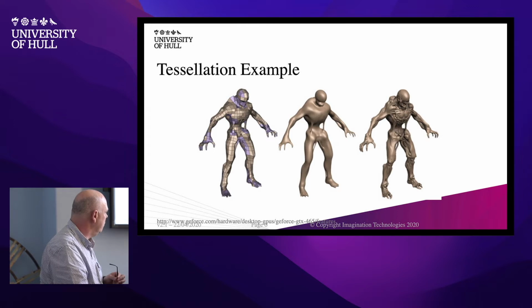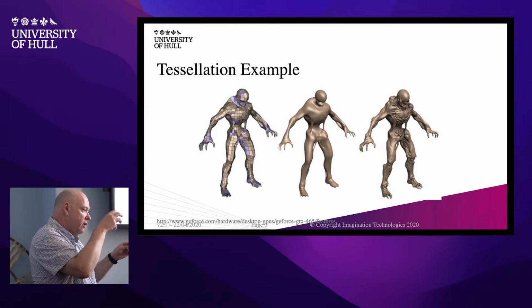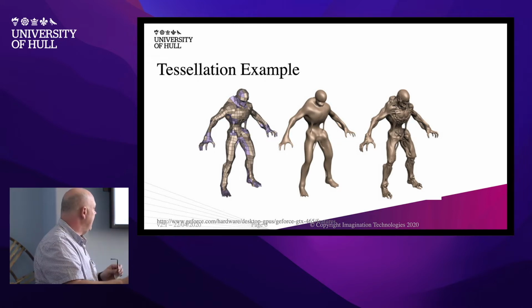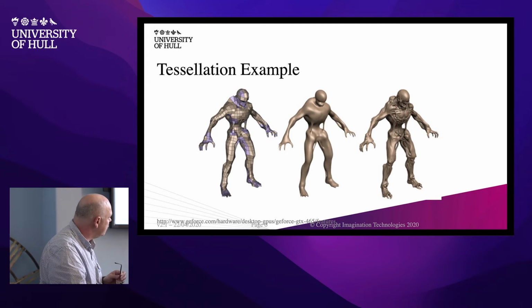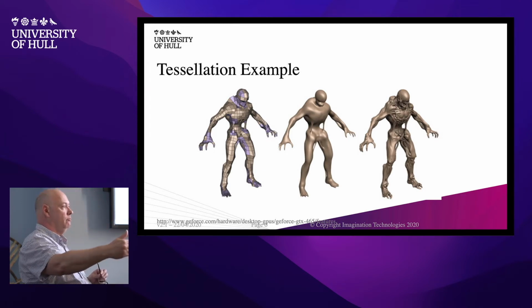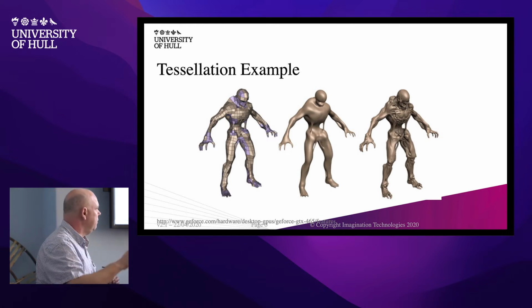So as he's moving towards you, you will tessellate more, and when you've got these new vertices, you can then move them up and down, and you can start to create this extra geometry directly on the GPU. Okay, so the GPU is actually doing this now.